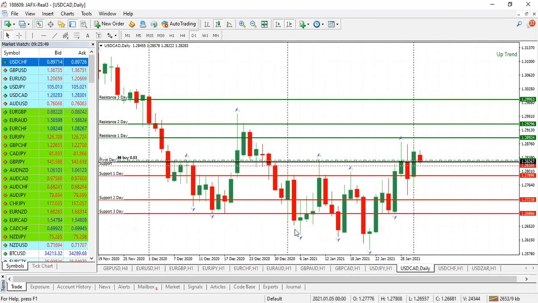Along this resistance, you can see this triple bottom. You can see one, two, three, triple bottom here, and then again now prices came and broke these. They actually pushed beyond the previous resistance, and now we are actually trading above the support level one and the pivot point, which acts as our main support or resistance level.